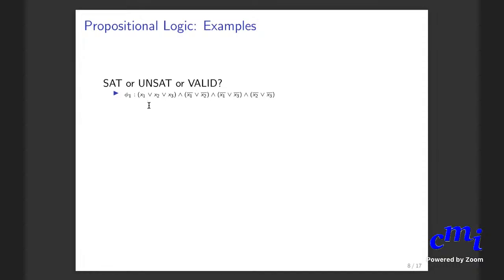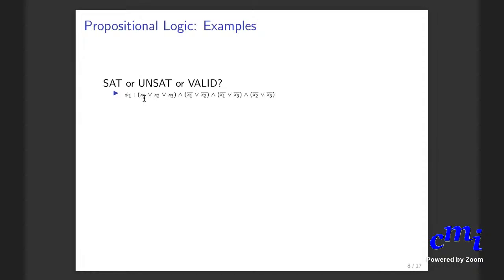Say that again. So for example, if you make X1 false, see, this is in CNF. It's a conjunction of clauses. So in order for this to be true, each of these clauses will have to be true, correct? So how do you make a disjunction true?